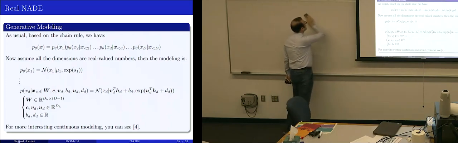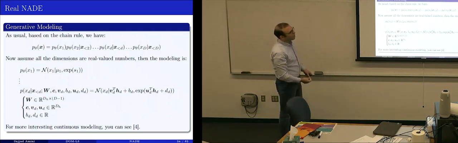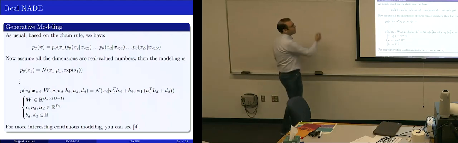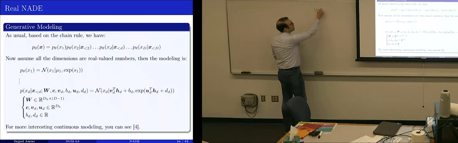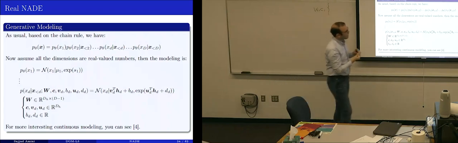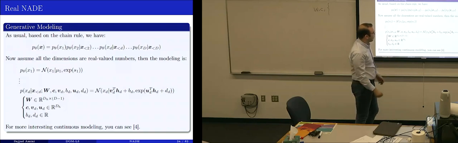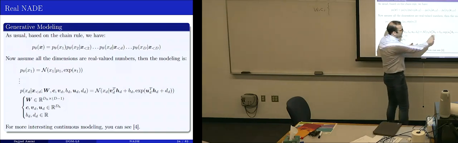What do you think? Assume that you are given all the parameters for generative modeling using real NADE. It means that you have W, C, and also you pay attention that there are some more parameters here. You have V, VD, and UD. It is logical because you are generating two different parameters.